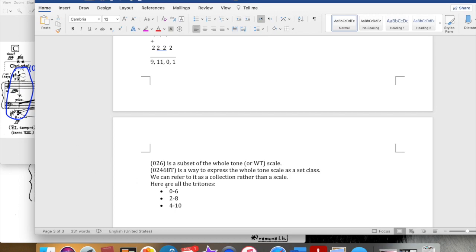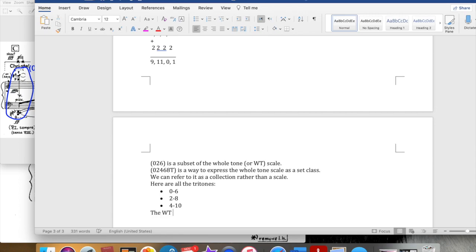Another thing that's interesting about this set is that if we express it as 0, 2, 4, 6, 8, 10, the way that it is ordered here, you can see that it is symmetrical and that it's always a difference of 2, 2, 2, 2, 2, 2, as in 0 plus 2 is 2, 2 plus 2 is 4, 4 plus 2 is 6, 6 plus 2 is 8, 8 plus 2 is 10.